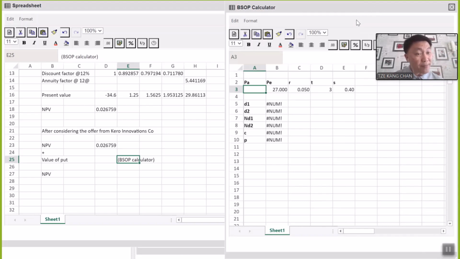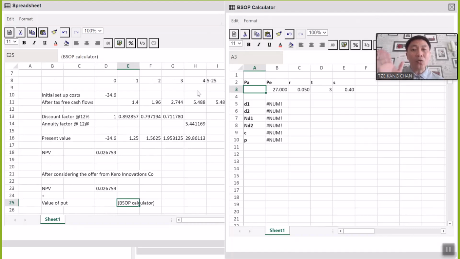When are we abandoning the project? As the question already says, we're going to abandon the project by selling to Kiro at the start of year 4. So the cash flow that is coming after abandonment is obviously the cash flow from year 4 and onwards. So knowing that from year 4 right until year 25, the cash flow is an annuity, I will therefore take the amount of annuity cash flow of 5.488 multiplied by the annuity factor for year 4 right until year 25, which is already stated in the earlier part of the worksheet.